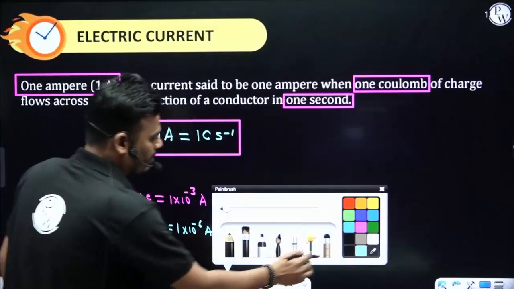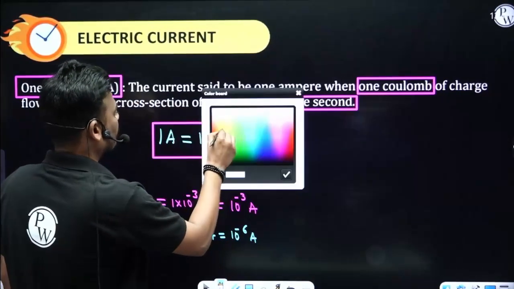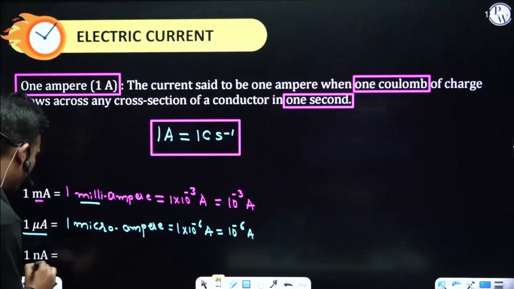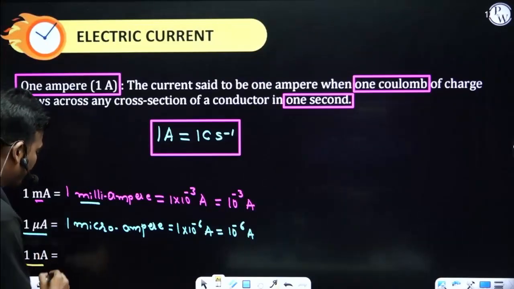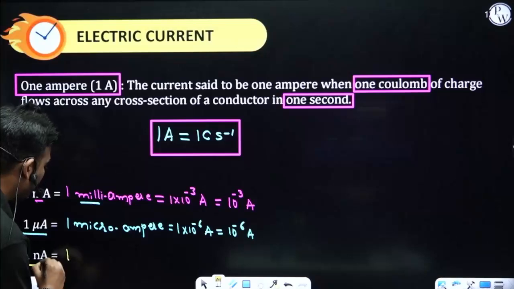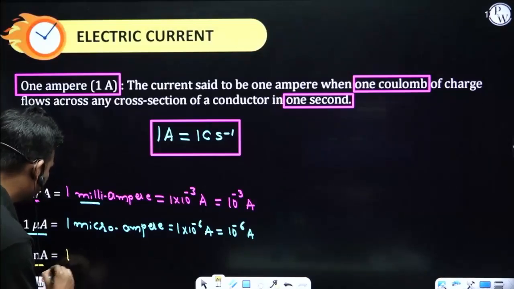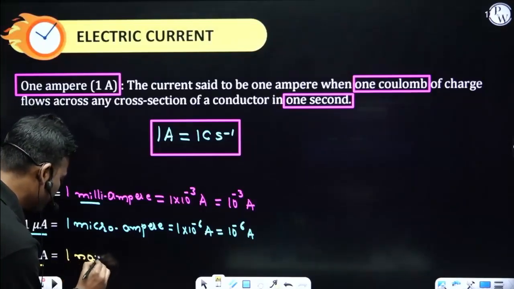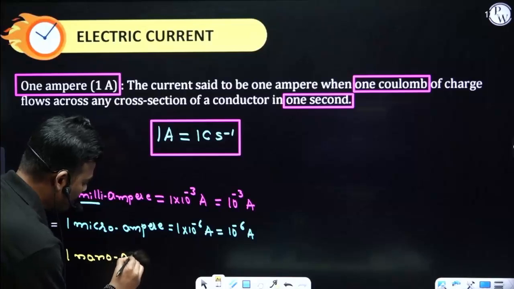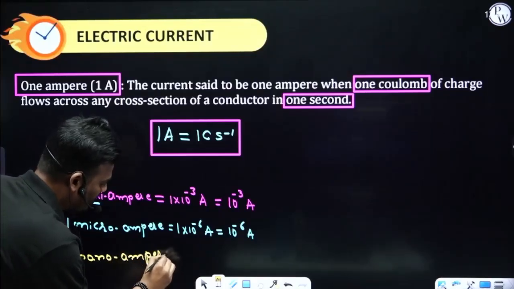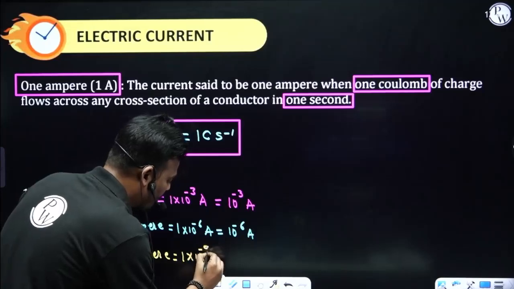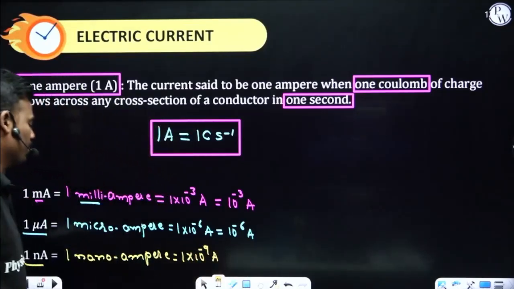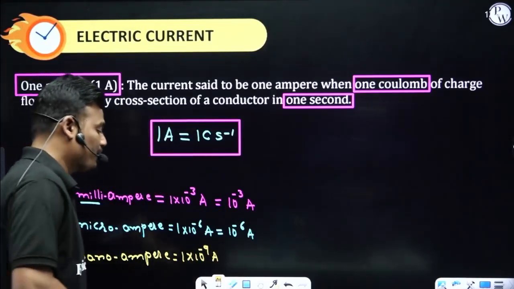Then next one, nanoampere. See, 1 nA, read it as 1 nanoampere. This can be written as 1 into 10 power minus 9 ampere. Nano means 10 power minus 9.